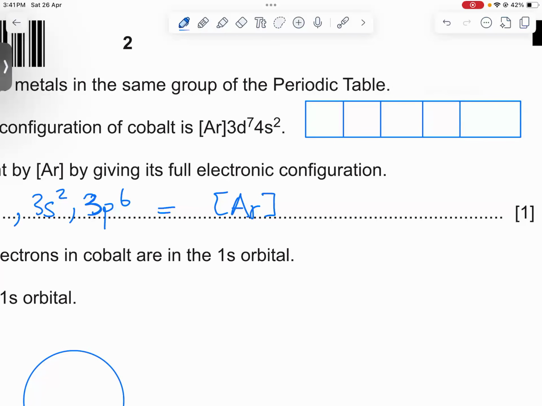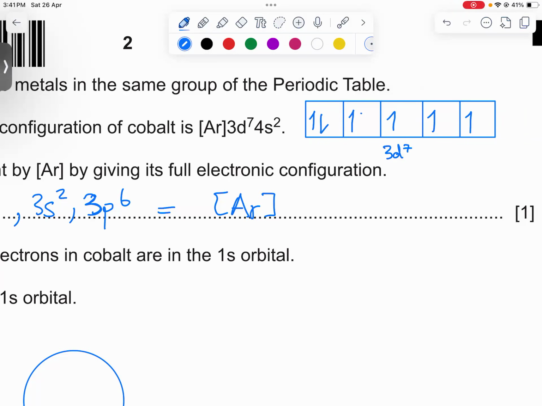Yeah, so we have 5. If you want to place 7 electrons, you do it like this: 1, 2, 3, 4, 5, 6, 7. So how many unpaired are there?